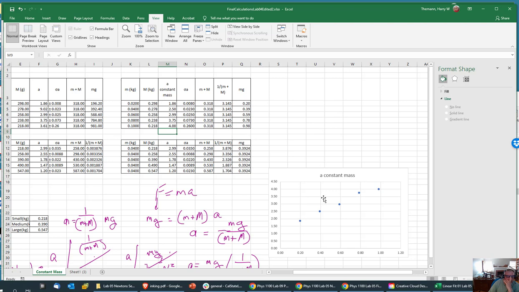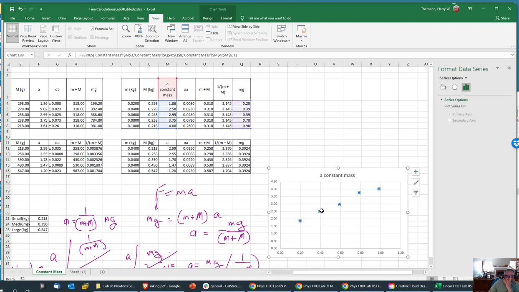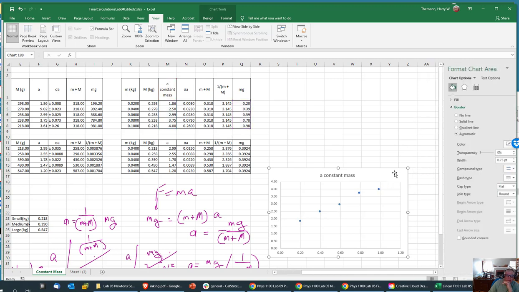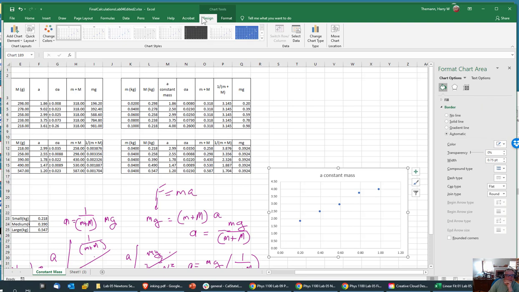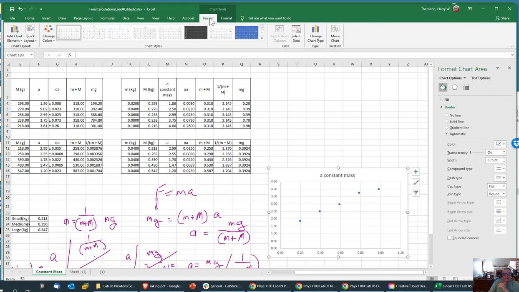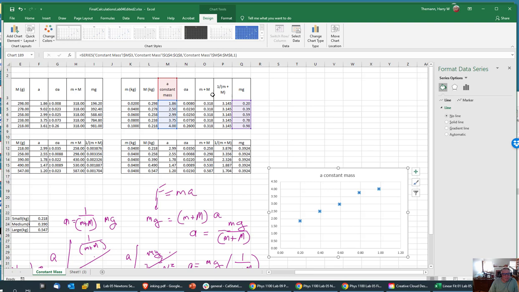Okay, so I'm going to insert error bars now. And remember, to get this gray sidebar, I click, and I see the chart tools, format, design. And so if we select the data set, make sure they all highlight.